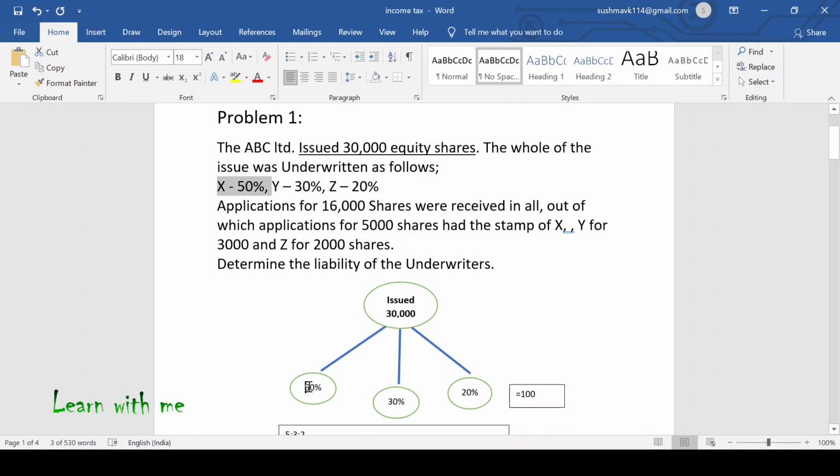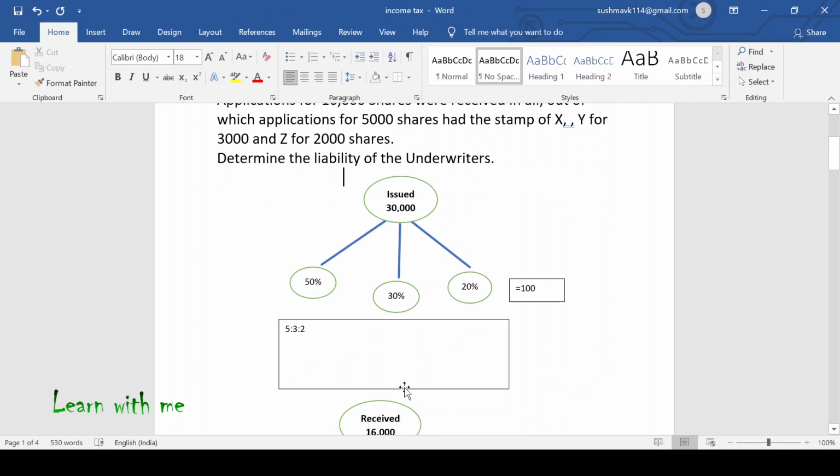I have written here 50%, and Y was 30%, and Z 20%. So what will be the total? 50% plus 30% plus 20% is equal to 100.